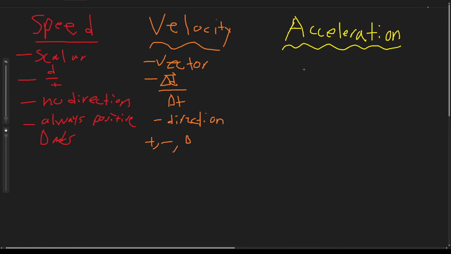And acceleration, we know that it is a vector quantity. It's change in velocity divided by time. So the formula is velocity over time.